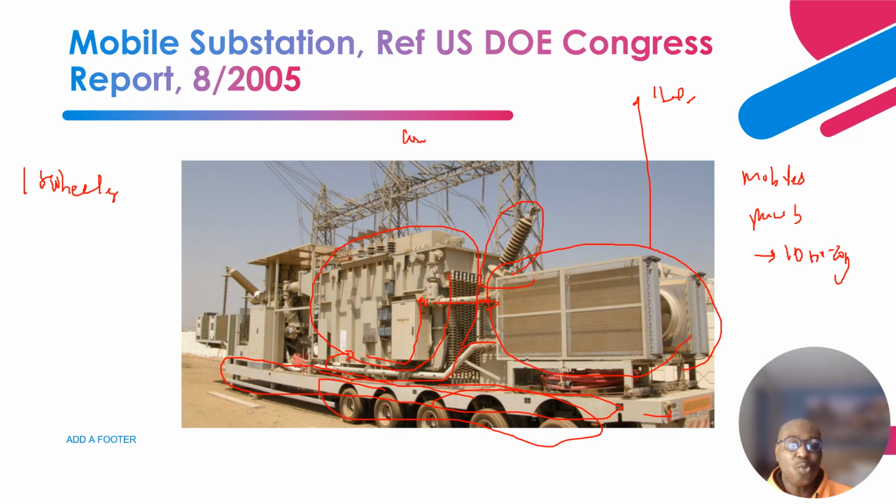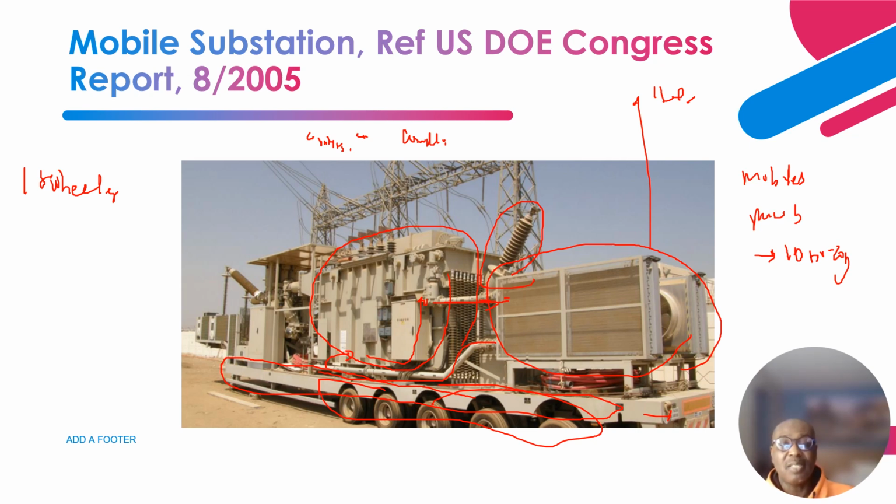So these are the two phenomena of heat transfer: conduction from the hot winding, the copper, as you have a current flowing through the copper of the winding, it gains heat, and that heat has to be dissipated into the oil. So the heat is transferred to the oil, the oil expands and rises up through a convection action, then it flows here, and the heat exchanger takes the heat away.